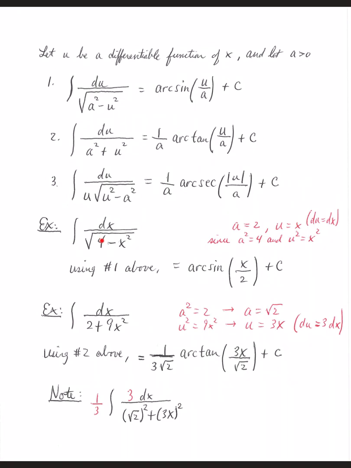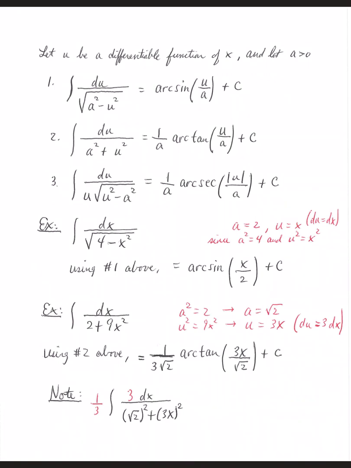Since 4 is 2 squared, I know that a is going to be 2. X squared lines up with u squared, so u is equal to x. The derivative of u is just going to be 1 dx. I put that in parentheses so you could refer to it.